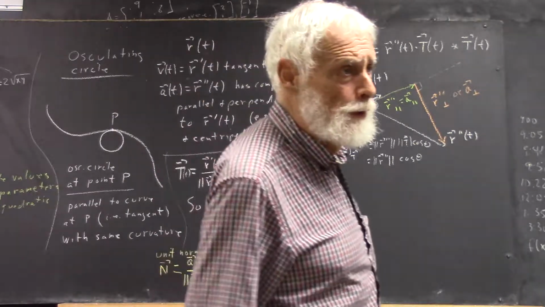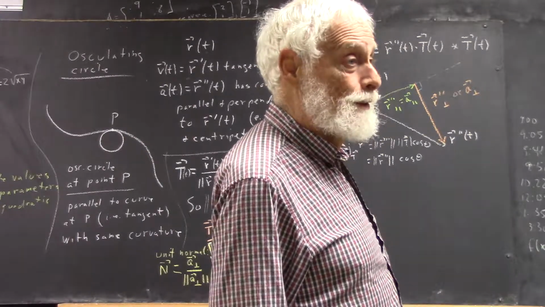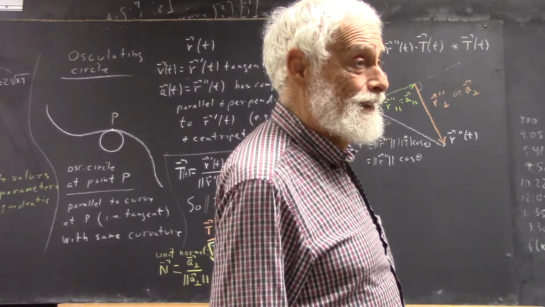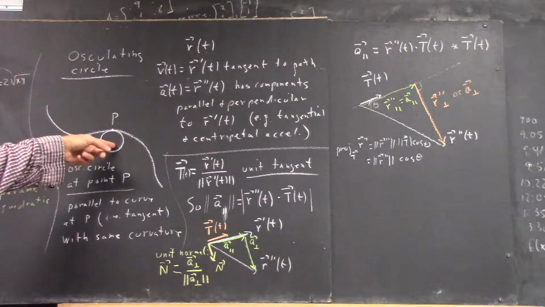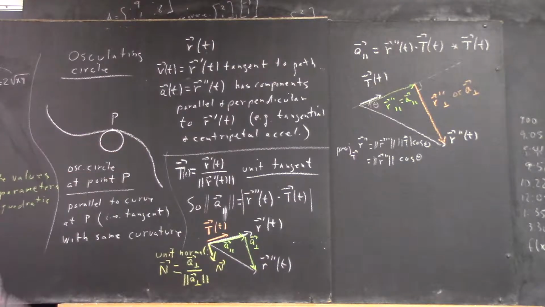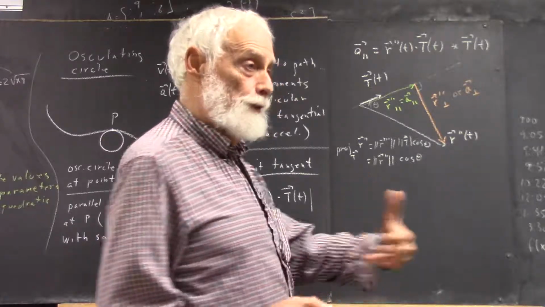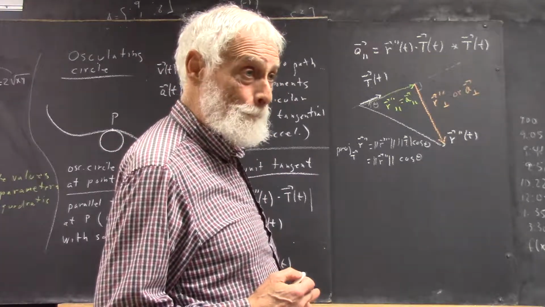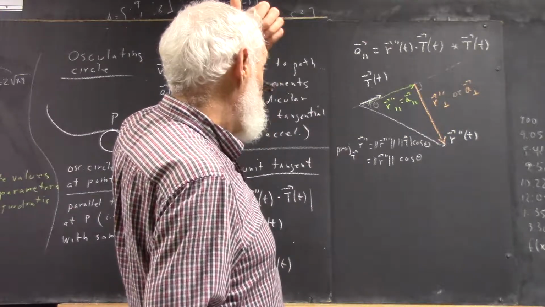How's that going to give you the direction? It'll give you the magnitude. Yeah, but we got to know the direction because we got to know which side to put the osculating circle on, right? Okay? Within this context, we got to know what the inward direction is in that curve. Okay? The direction that spins us out or the direction that takes us in. So we got to know the direction.